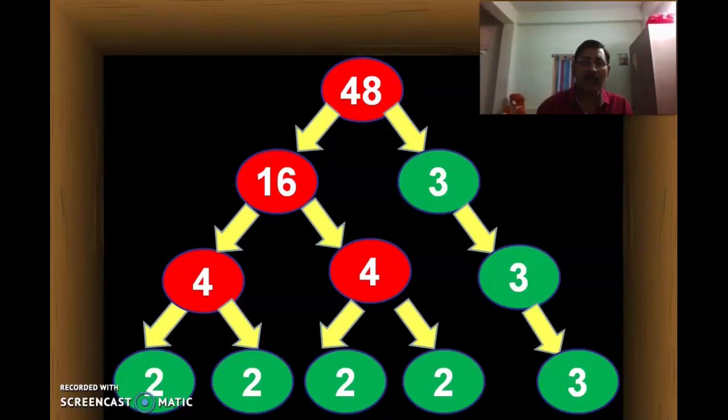So if we observe the last line, we can see all prime numbers. So 48 is 2 into 2 into 2 into 2 into 3, or we write the same as 2 power 4 into 3.